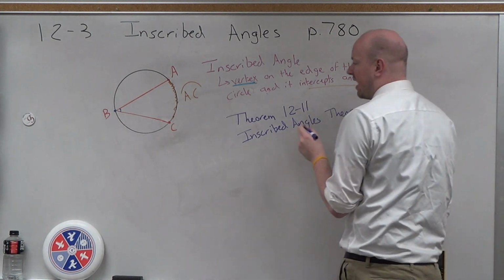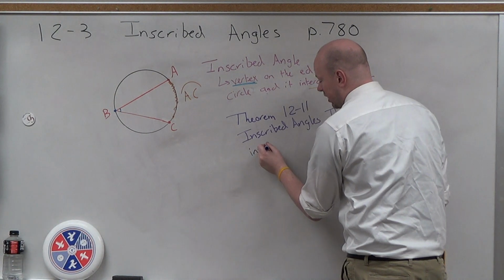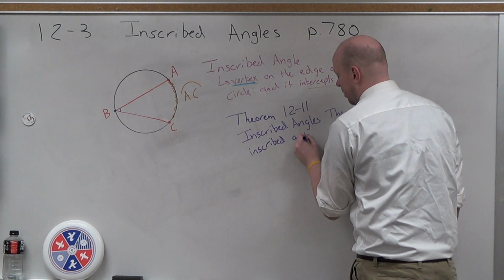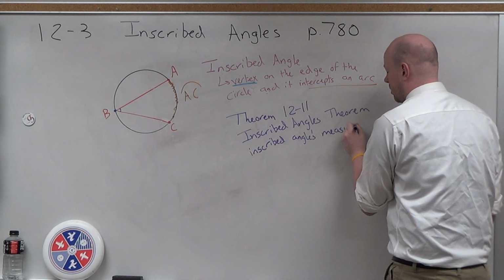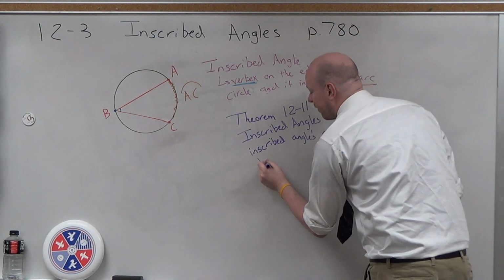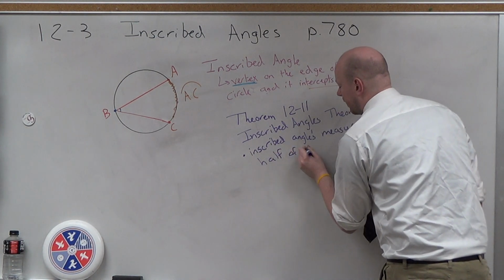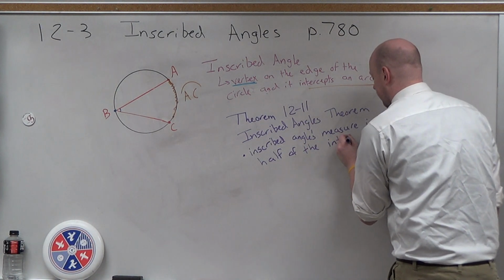It says that the inscribed angle's measure is half of the intercepted arc's measure.